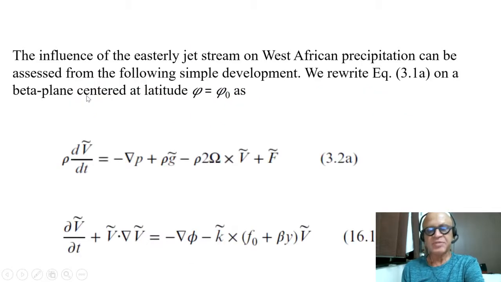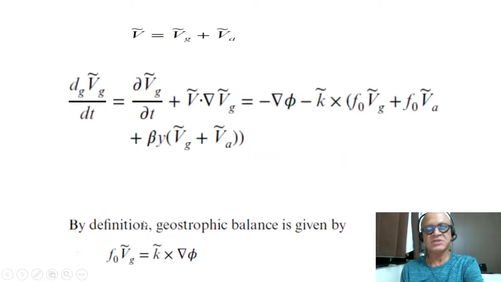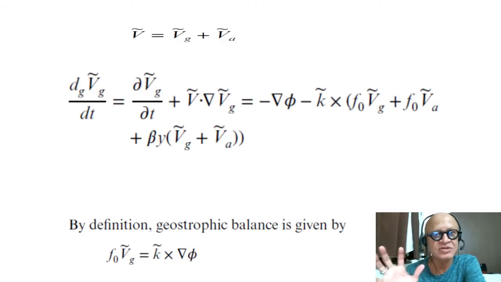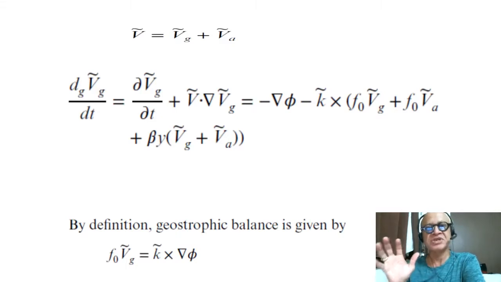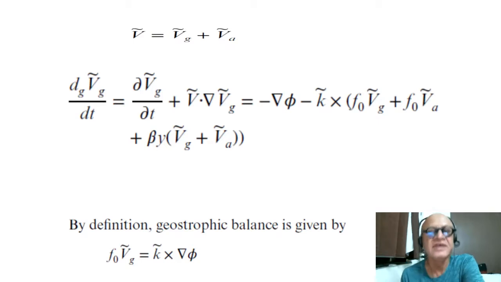So writing that previous equation with V equals VA plus VG, we get the time derivative of the geostrophic component. Remember, geostrophy is a steady state approximation, but in this case we have split the total into geostrophic and ageostrophic components, which allows us to define acceleration of the geostrophic component in terms of the advection term and the divergence term and the pressure gradient term and the Coriolis terms and so on.